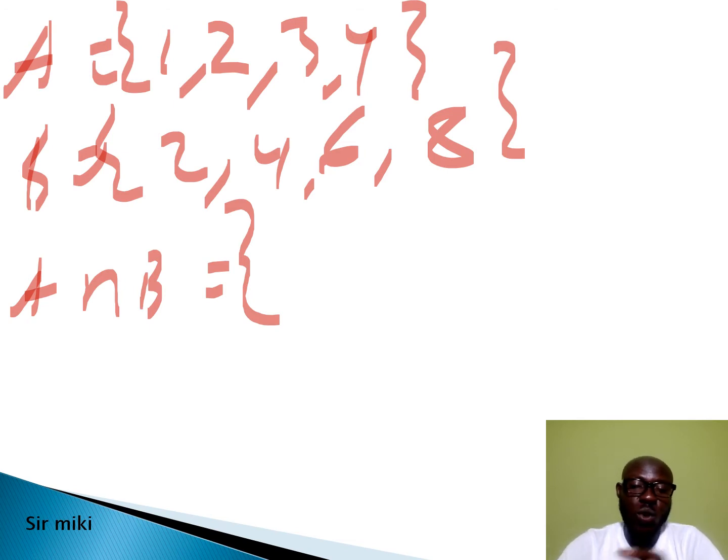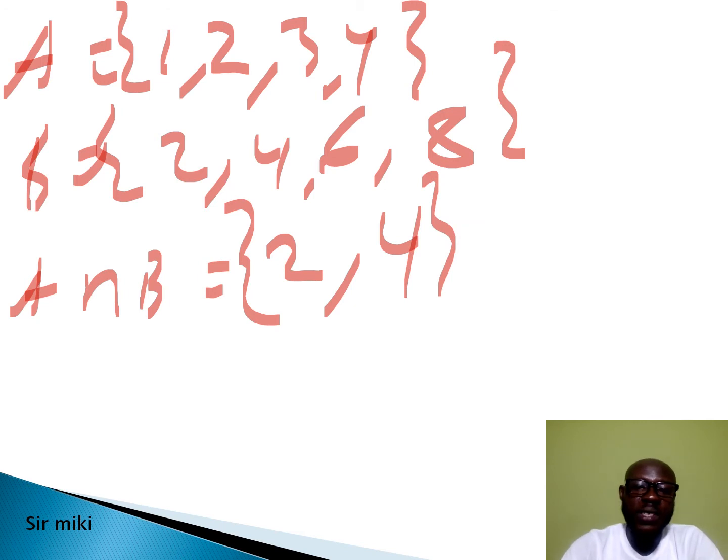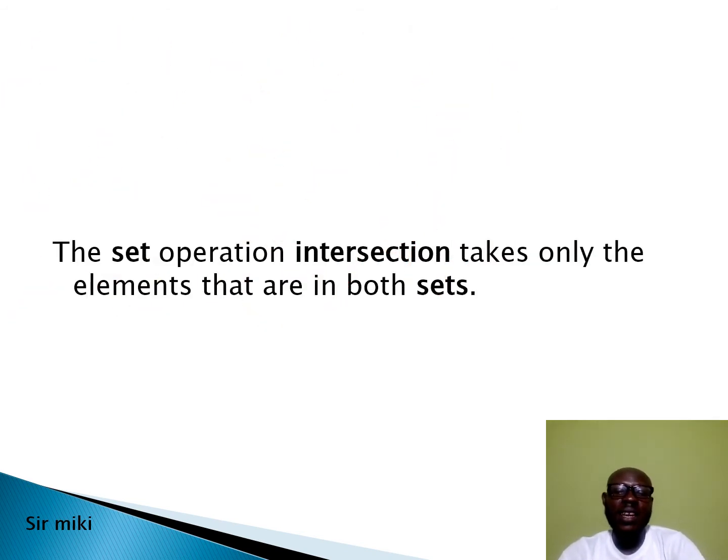Set B. So we have 2 and 4. These are the elements common to both sets. Alright. Now, we are saying that the set operation intersection takes only the elements that are in both sets, as you saw in the example that we just did.